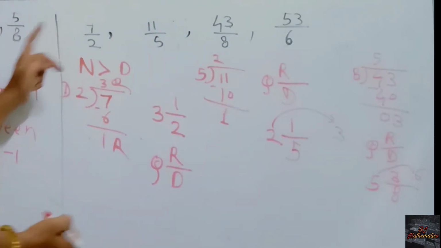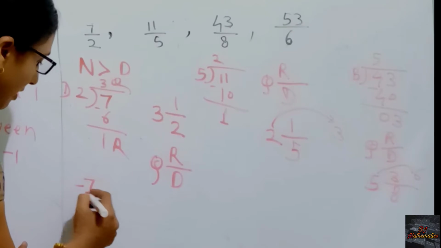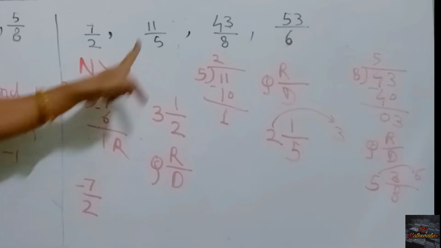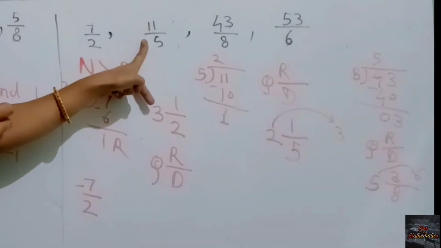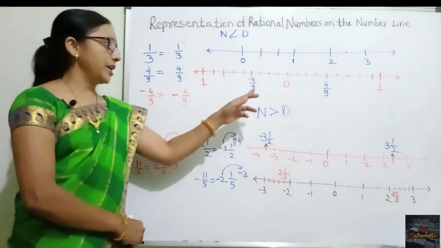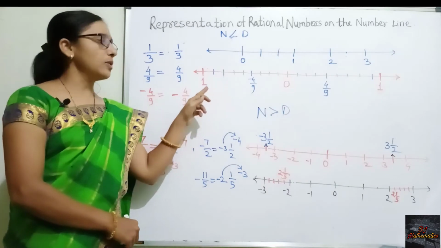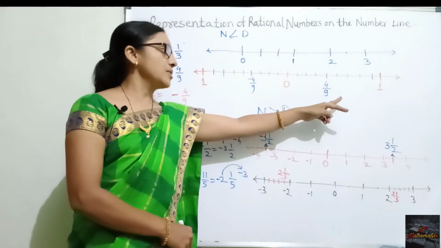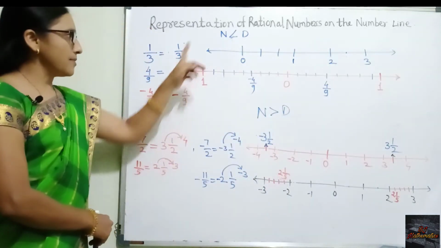And if minus 7 by 2 is there, then it lies between minus 3 and minus 4. If minus 11 by 5 is there, it lies between minus 2 and minus 3. Negative numbers are represented on the left of the 0 and positive numbers are represented on the right of the 0. Case number 1.